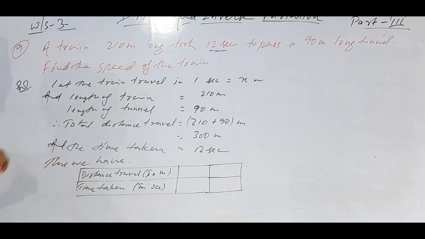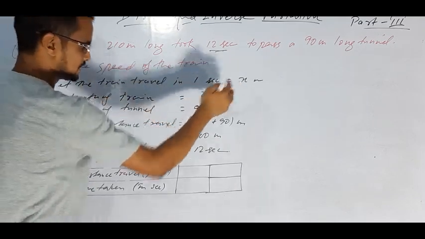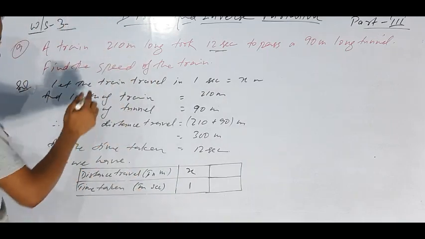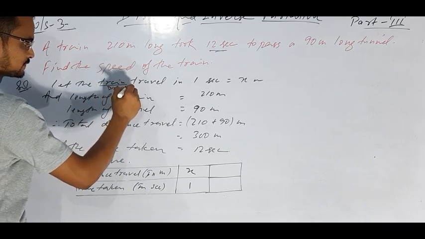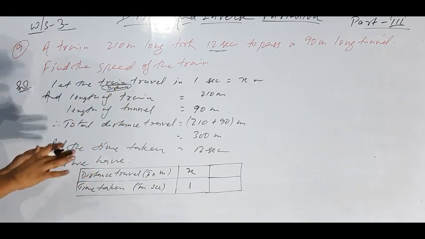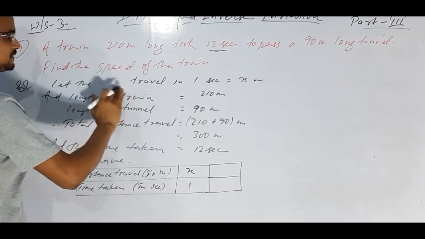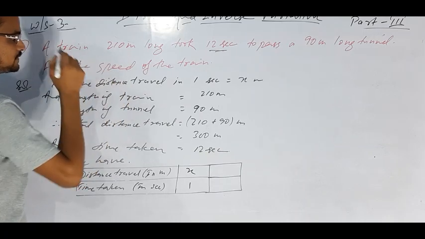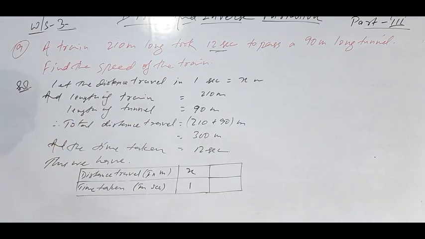Now the distance travelled in 1 second is x meter. If you have any confusion, you may write this as the distance travelled.